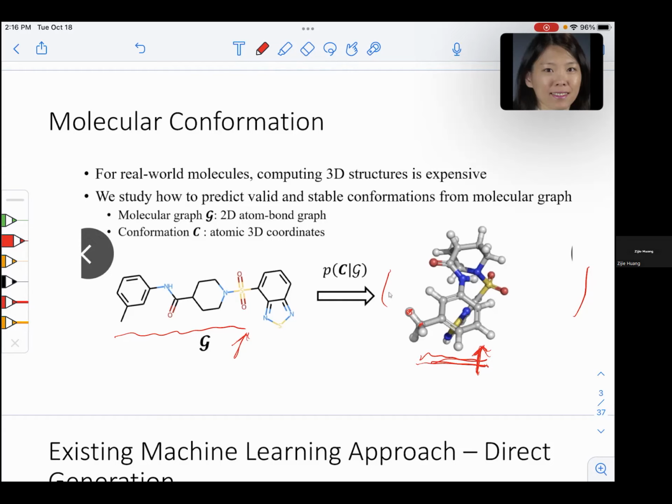In the extreme case, they just try to preserve the pairwise properties that can be inferred from this 2D input graph, and then based on such properties get the 3D molecular conformation.